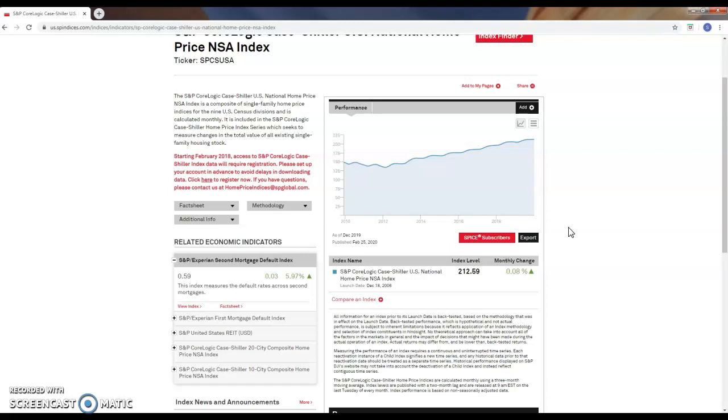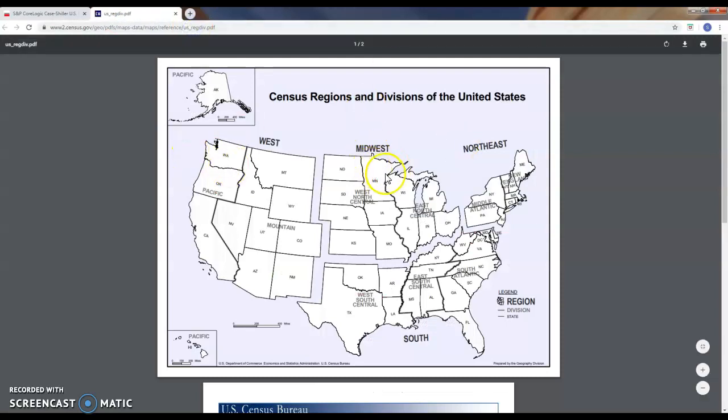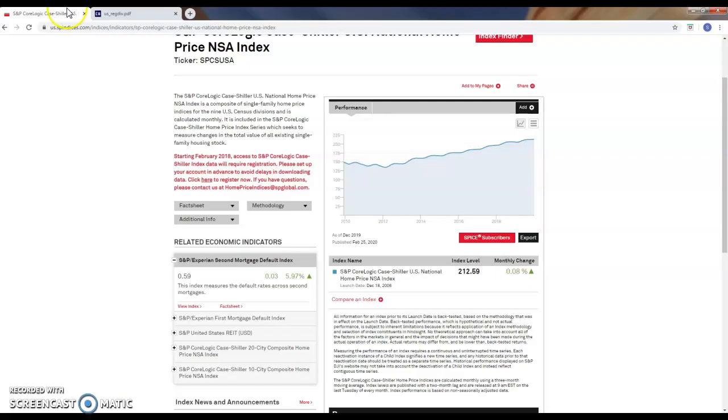You could Google census districts. I did that right here, and you can see how it's mapped out. Not particularly important, but it just gives you a sense of the different scopes that they're using. Regardless, again, we interpret the index the same way. So 212.59 is the most recent in December, so that means we're 112.59% higher than the base period.